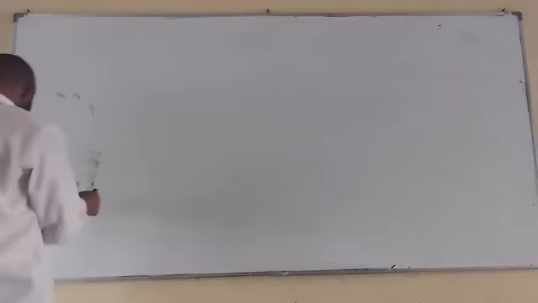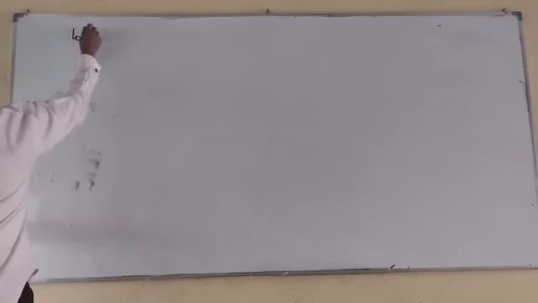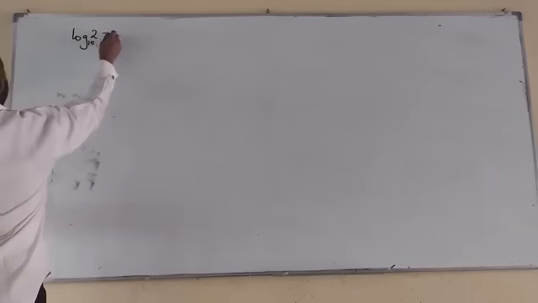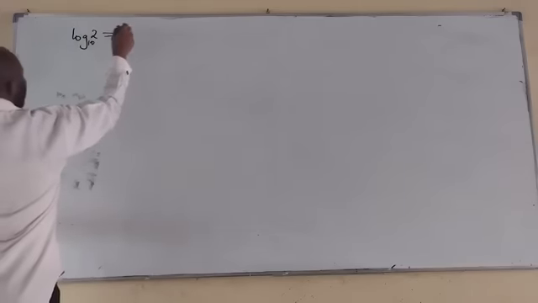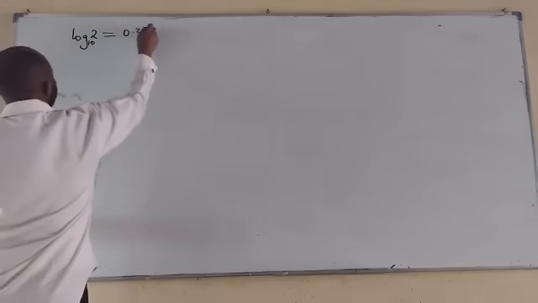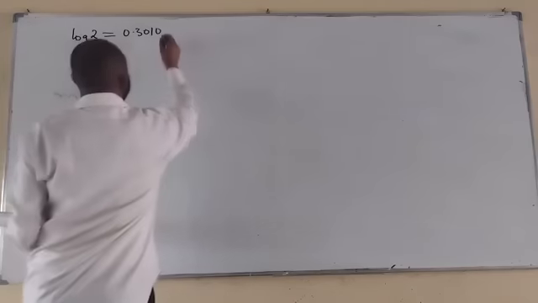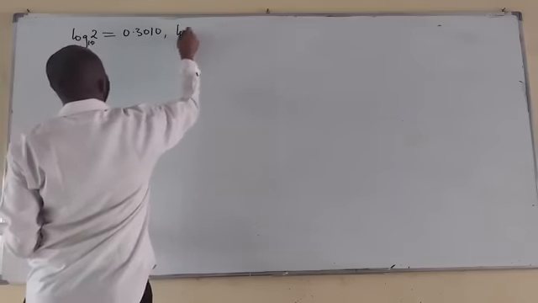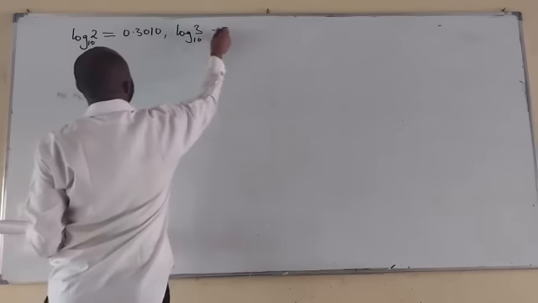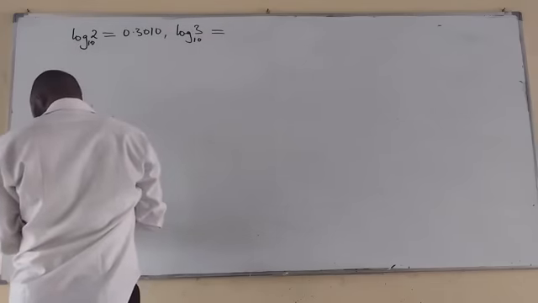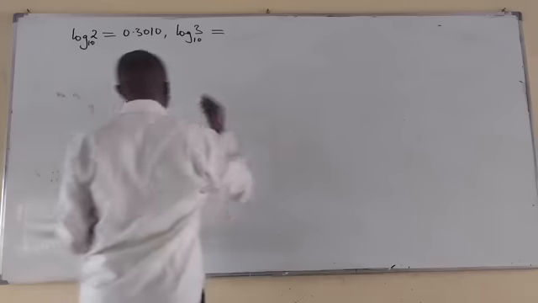It says, given that log 2 in base 10 is equals to 0.3010. Log 3 in base 10 is given as 0.4771.